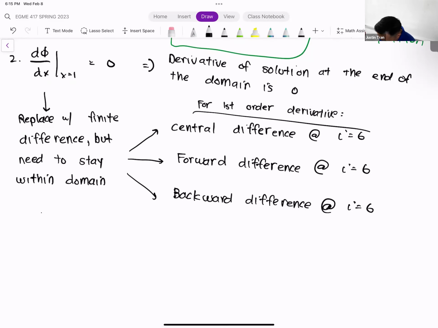Let's start with central difference, and I'll call this CD. For central difference, remember we take the neighbor to the right minus the neighbor to the left, and we divide it by 2 delta x. If we apply this at I is equal to 6, we get phi 7 minus phi 5, divided by 2 delta x. Now let's look at the forward difference.